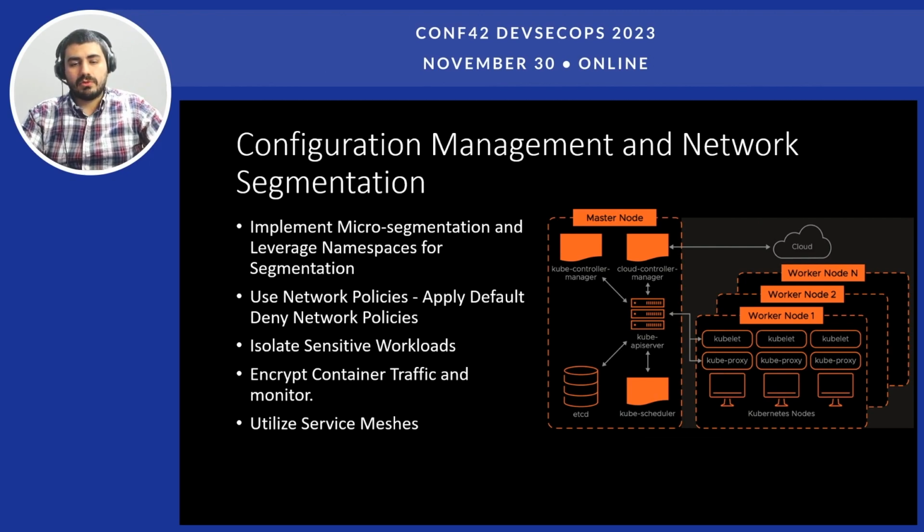Isolate sensitive workloads, especially when dealing with compliance. If you have a compliance issue, it's really helpful to start from a sensitive workload that is isolated, and then open up what you need from this workload to be processed or used.